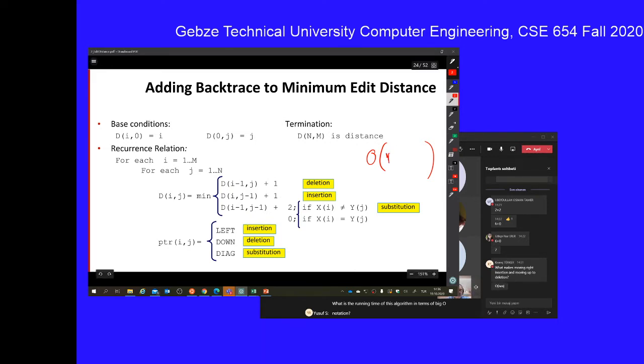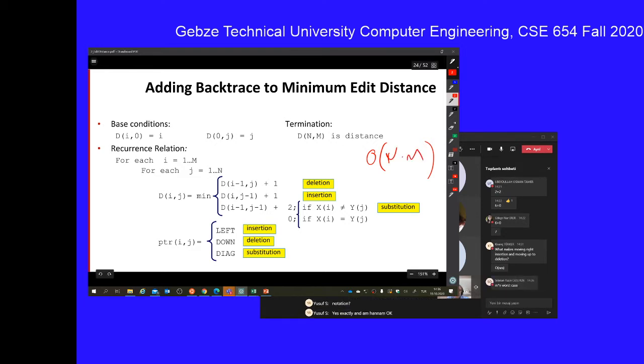Yes, exactly, nm, because there is a loop in here. That's the runtime requirement, O(NM). And for the space, how much do I need? It's a two-dimensional array, N by M again. So linear in terms of the number of letters in X and Y.